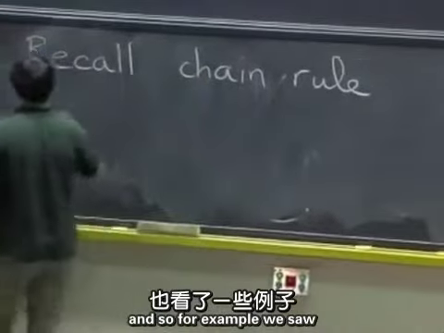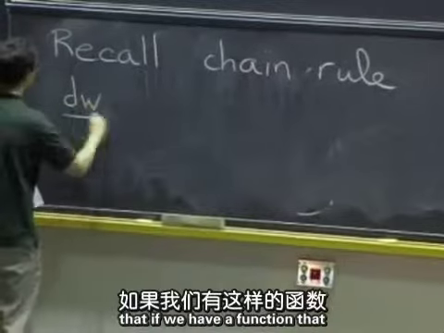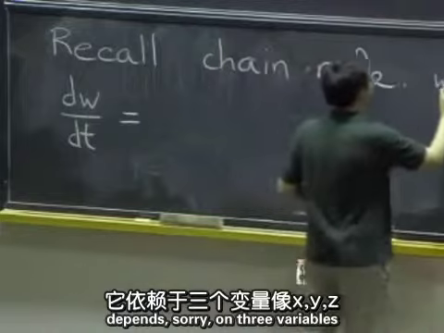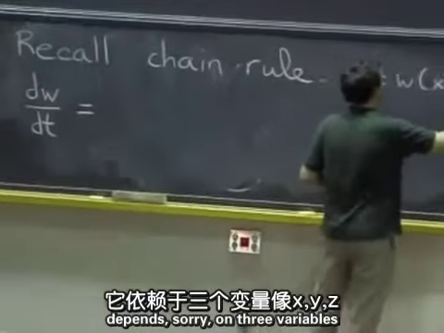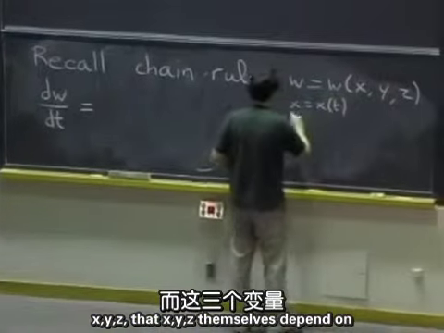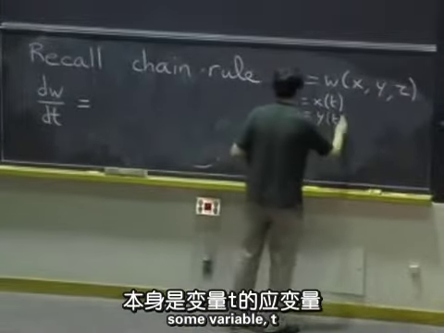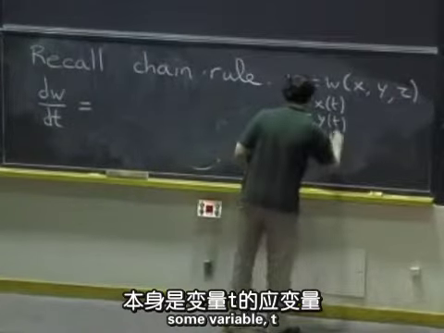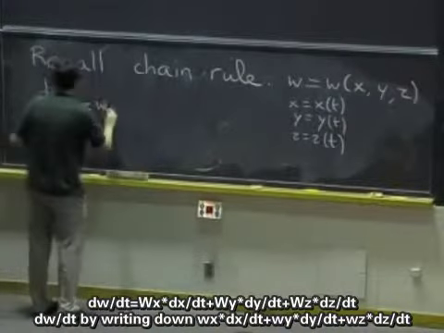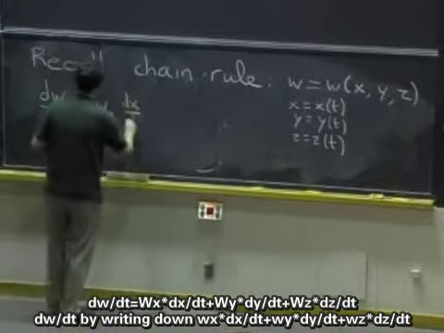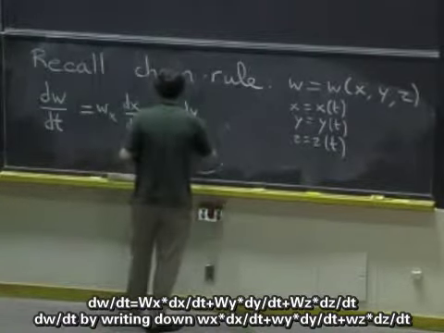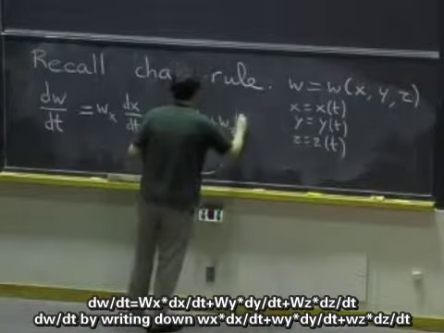For example, we saw that if we have a function w that depends on three variables x, y, z, but x, y, z themselves depend on some variable t, then you can find a formula for dw dt by writing down w sub x dx dt plus w sub y dy dt plus w sub z dz dt.